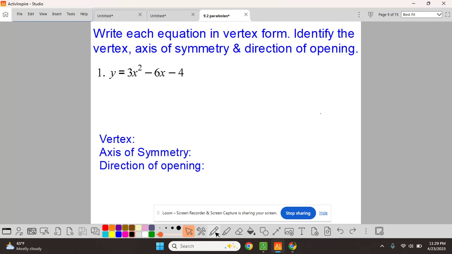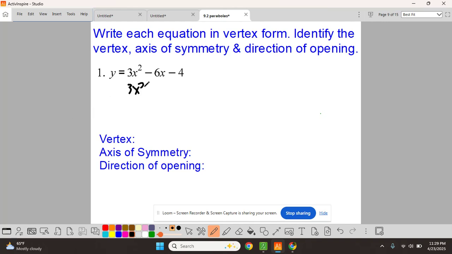What about if you're given this kind of problem? Write each equation in vertex form, identify the vertex, axis of symmetry, and direction of the opening. This time you are given a standard form. For this case, you have to write it in vertex form using completing the square. So what do we do here?